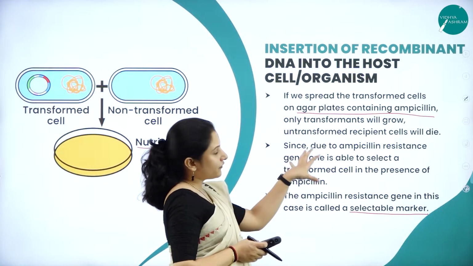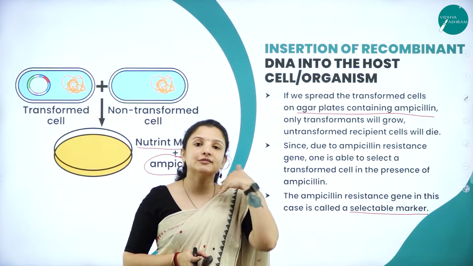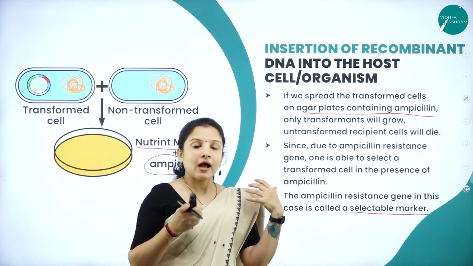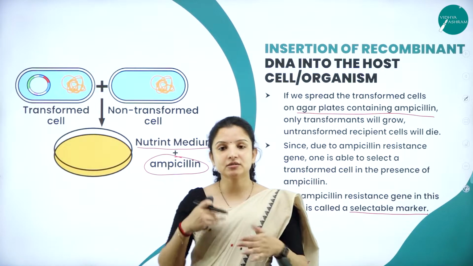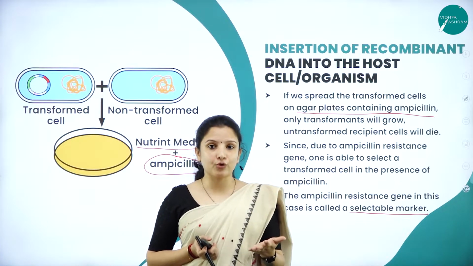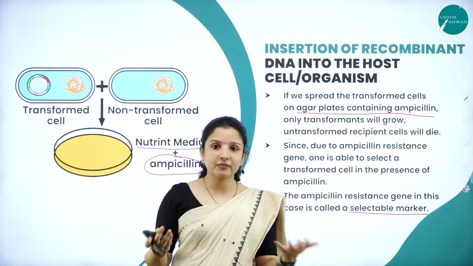So if we use ampicillin, that bacteria or vector will be resistant to ampicillin. When you put that vector in a nutrient medium, it will start to grow, divide and multiply.